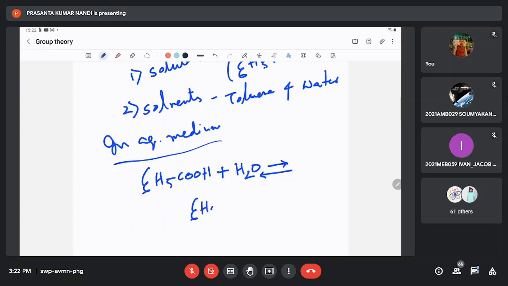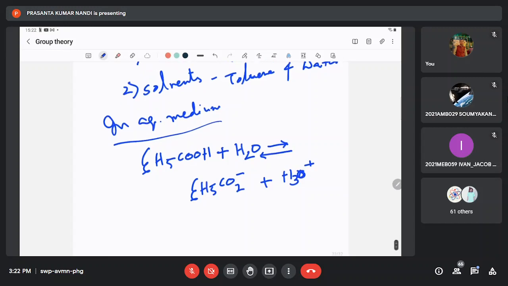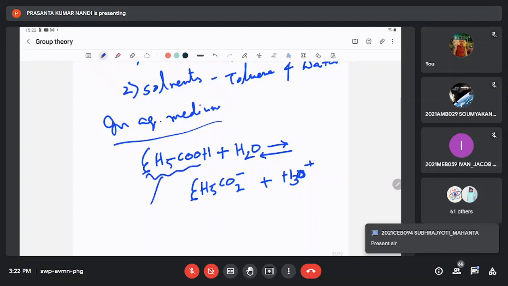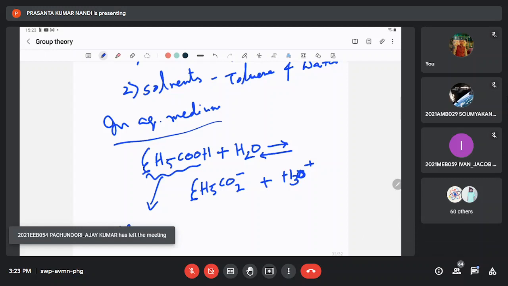It will ionize partly to benzoate ion plus hydronium ion, H3O plus. In aqueous medium benzoic acid ionizes like this, but not fully, only partly, because it is a weak acid.